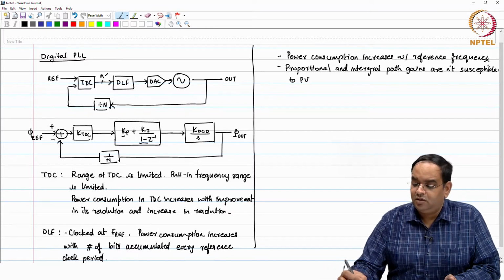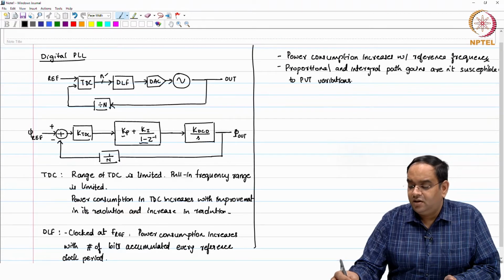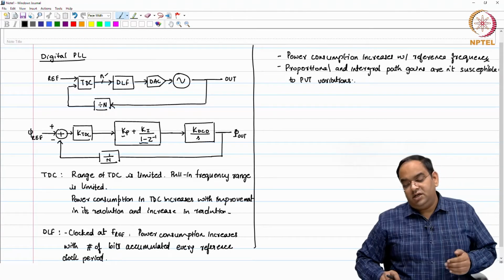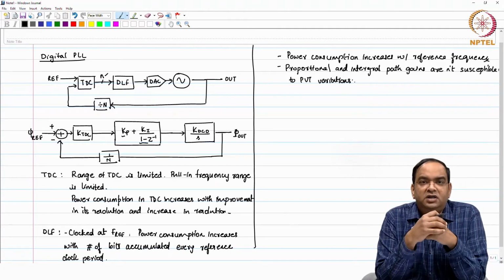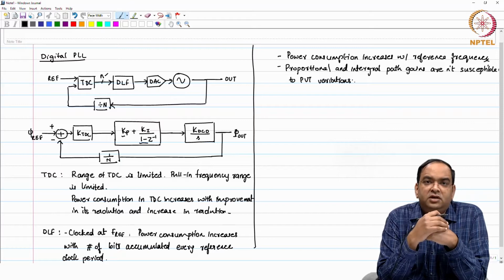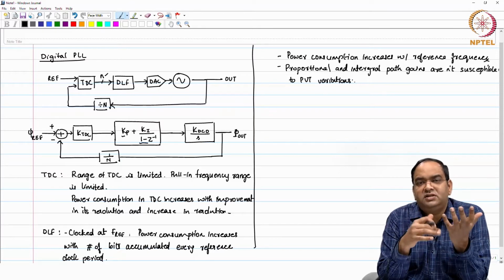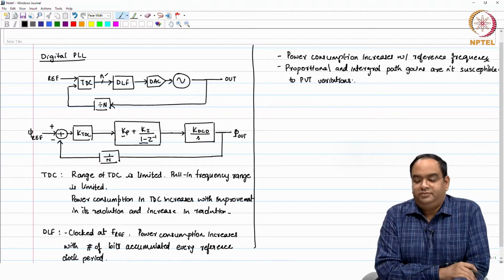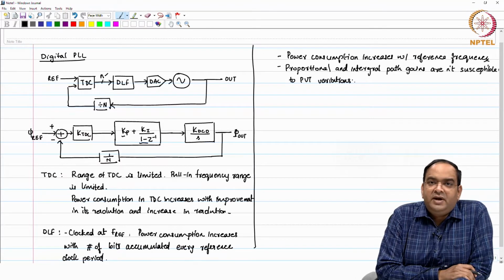PVT variations, you can change them as you like. Earlier, if there is a process variation in the case of the resistor or capacitor, these resistor and capacitor will vary, and they will change your 0 location. Here Kp is just a digital gain which you are implementing digitally, it will not change with the process corners.